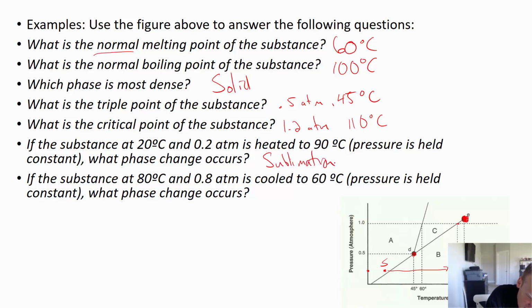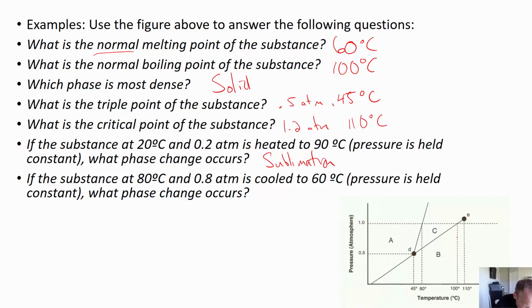So you still need to know the names of your phase changes. Next one here, if we have a substance at 80 degrees Celsius, we're at 0.8 atmospheres. So here, 80 degrees Celsius, and we go back down to 60. So we're going this way. We went from a gas to a liquid. What's that called?